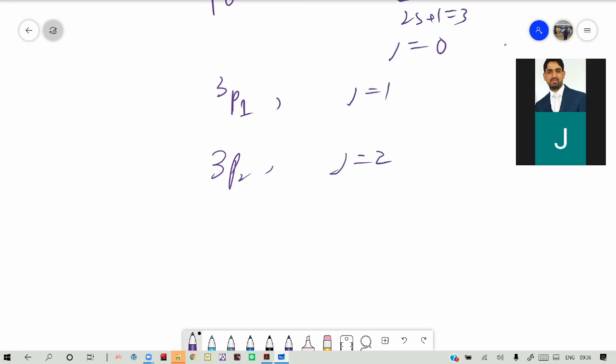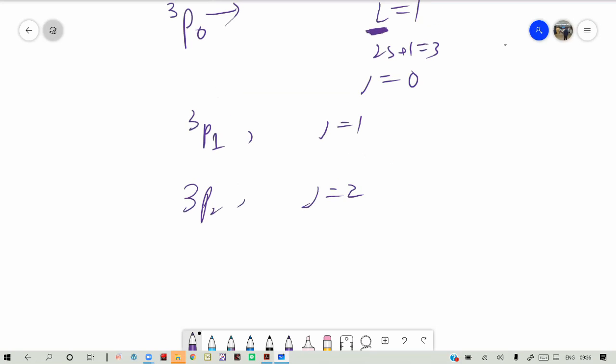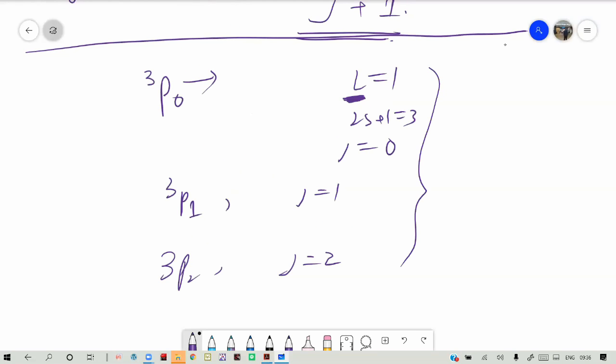These are the different levels in those atoms where there is a spin orbit interaction, an LS coupling. You can see that if you take the ratio of these, the ratio will be equal to 1:2.